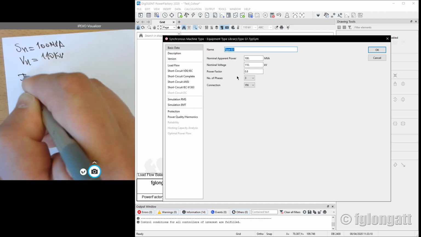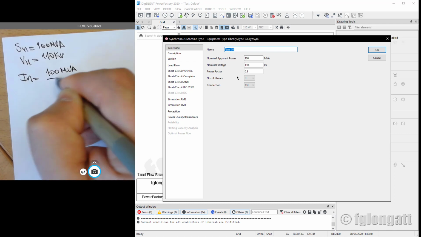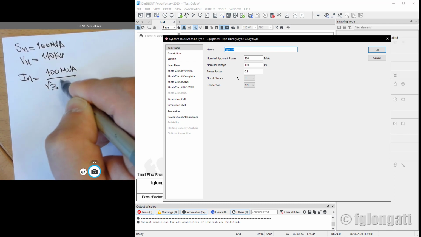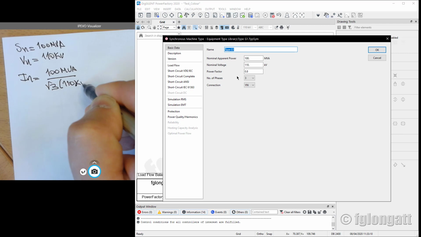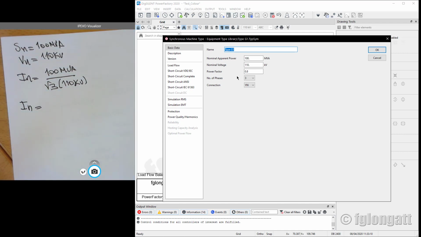That means that the nominal current should be MVA divided by square root 3 times 110 kV.